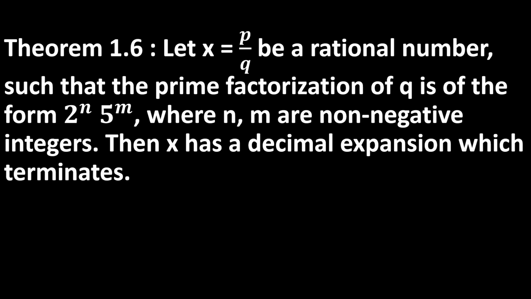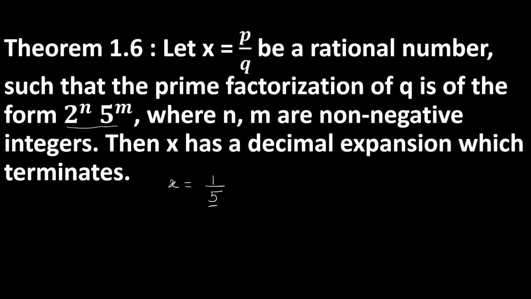Next, we have theorem 1.6. Here, this theorem says that let x equal to p by q be a rational number. So, let's say x is equal to 1 upon 5. Okay, this is a rational number. So, they are saying that the prime factorization of q is of the form 2 raised to n into 5 raised to m.